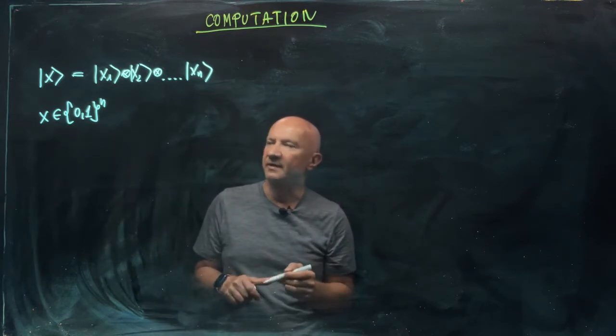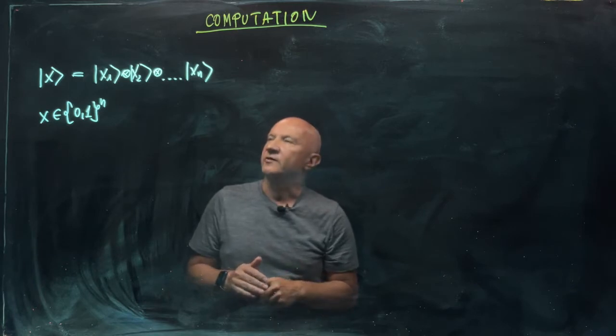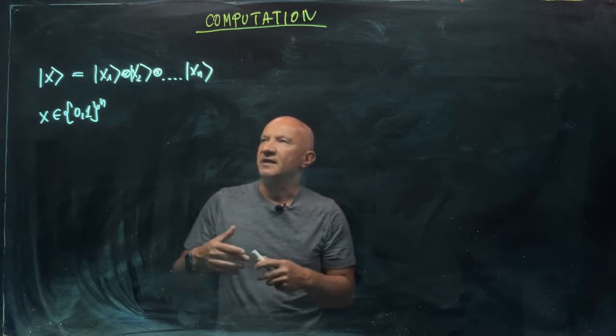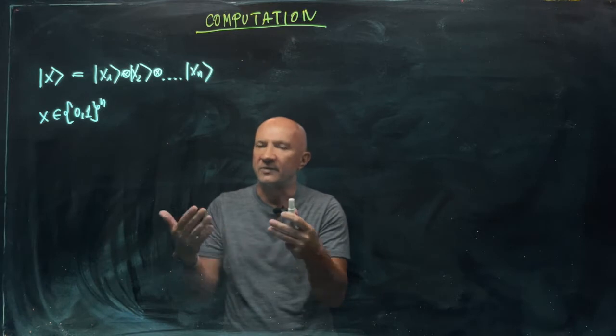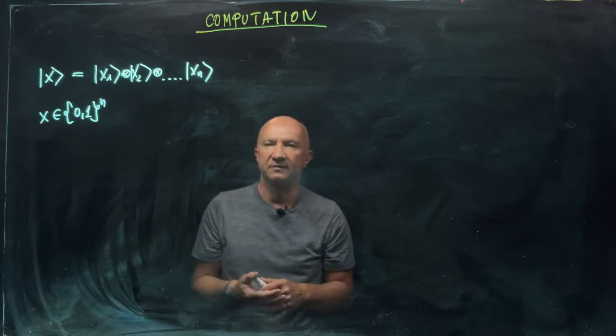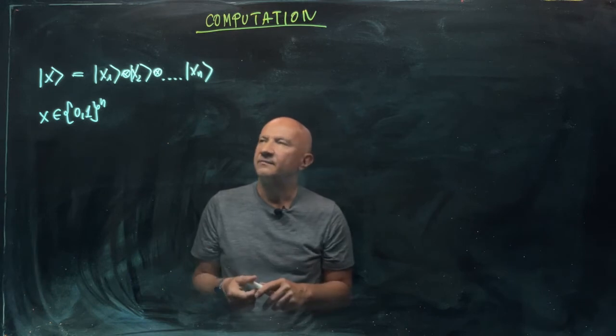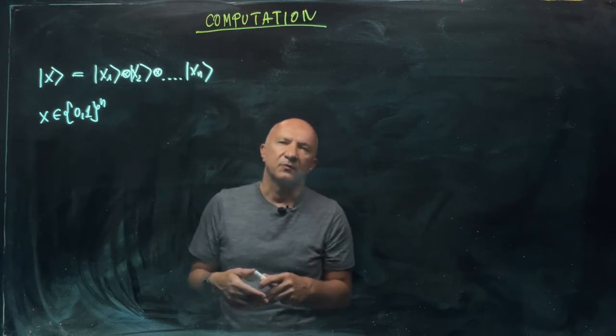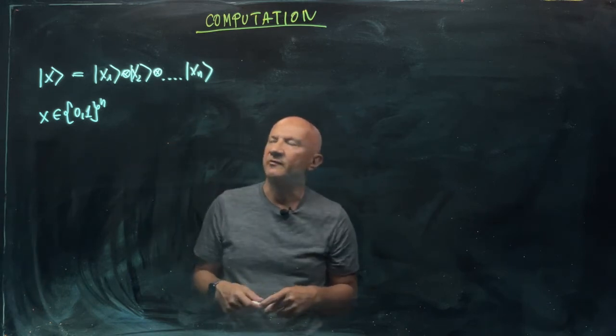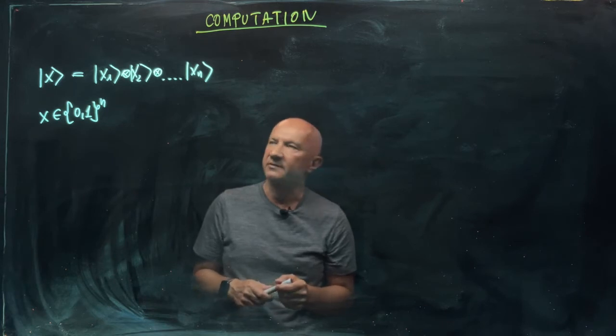So we have a vector from a computational basis, and with n qubits, they can represent binary strings of length n. When I compute, I perform operations on those binary strings.